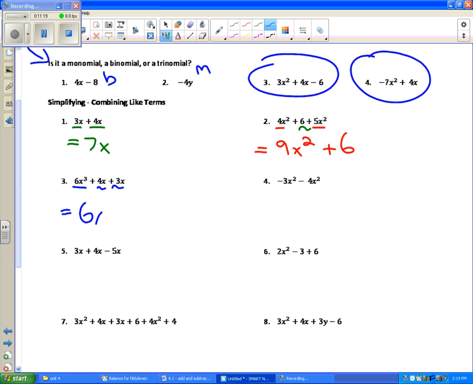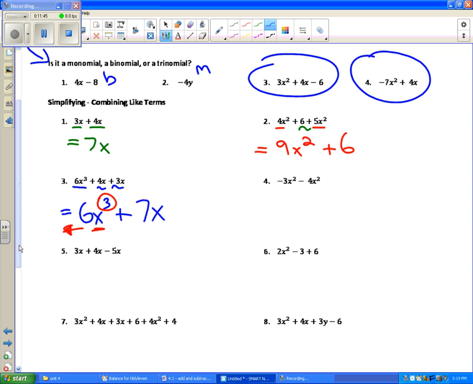I'm going to leave my 6x cubed up here, and I want to add those other two. I have 4x plus 3x, which will give me 7x. A good habit as I'm writing my answers down is that the variable with the highest exponent always goes to the left.